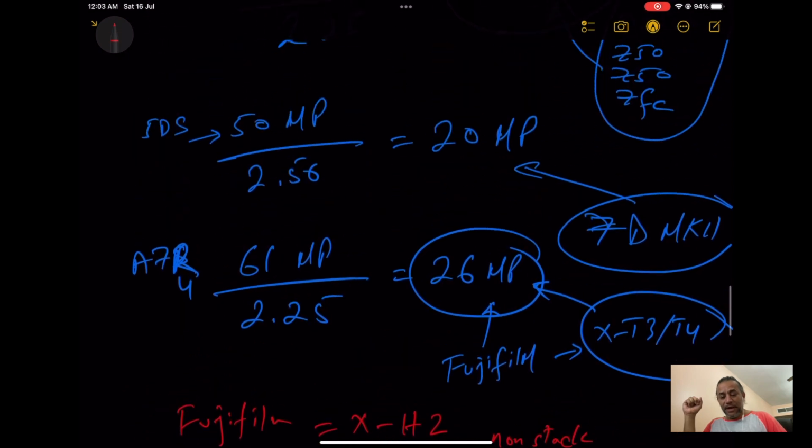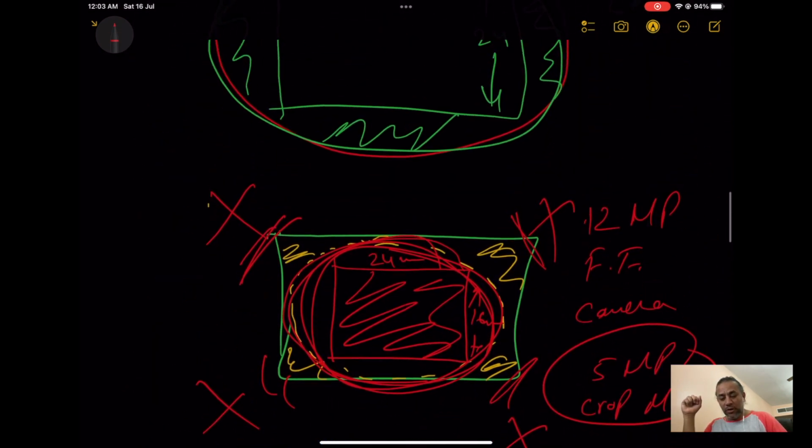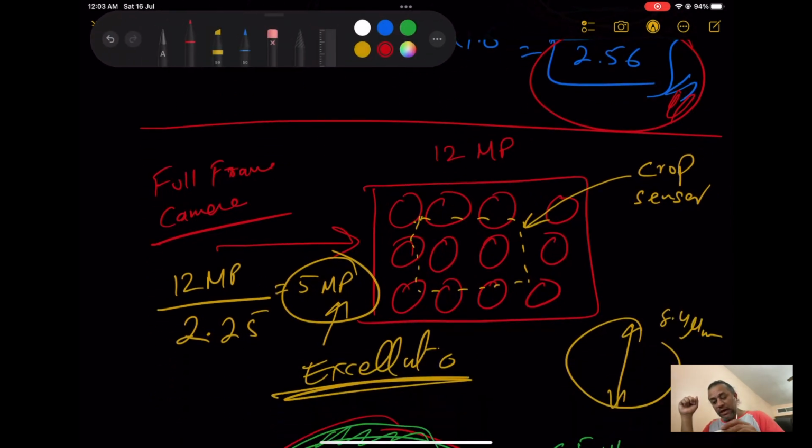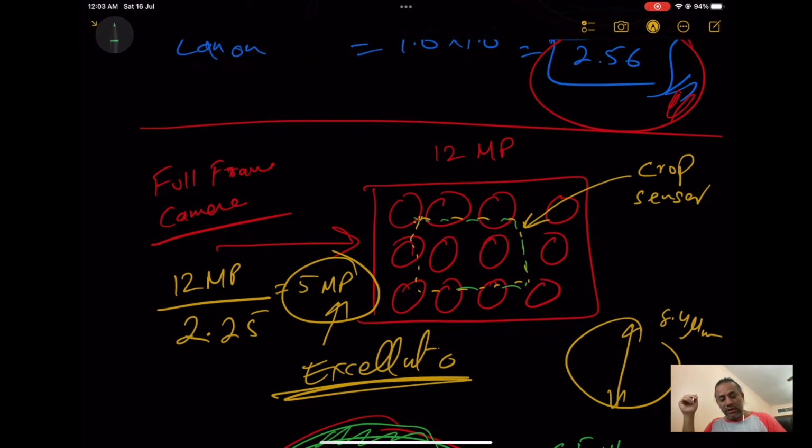I just explained in this whole calculation that if you use any crop sensor lens on full frame, it will project the signal, and whatever you are getting in this green will be exactly the equivalent output. So the output of that full frame is highly dependent on the pixel size, not the lens that you are going to use. Lens has no idea what kind of sensor is beneath it.